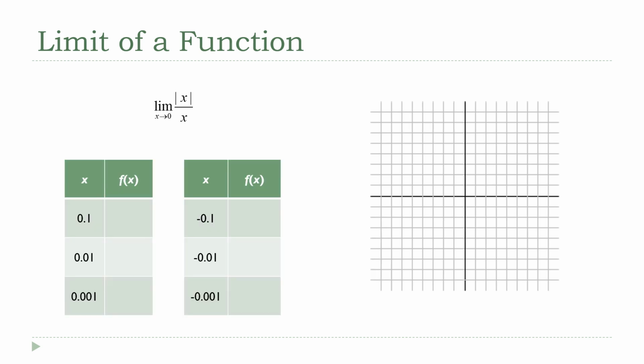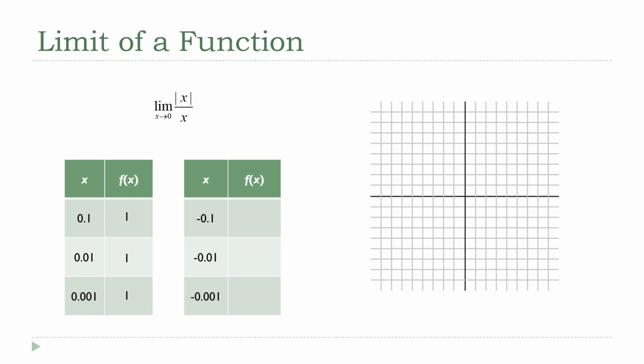Okay, so let's try one more here. And this one is going to be a little different from the previous one, so just kind of brace yourselves. Let's put these numbers in. Right? If I do the numbers that are close to 0 on the right, those are the positive ones, I get 1 all 3 times. It's 0.1 divided by 0.1, 0.01 divided by 0.01, and so on.